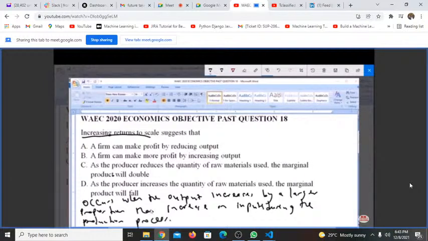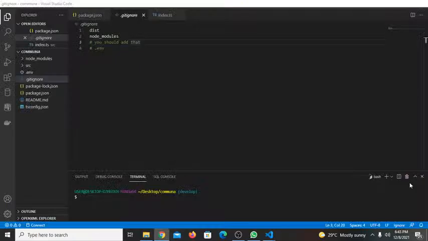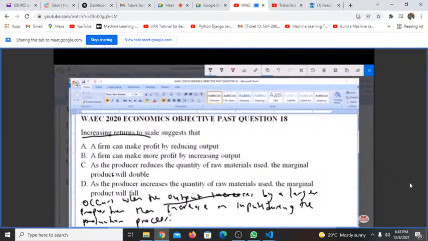Now, this means that the output increases at a much higher rate than all the factors of production involved, all the inputs involved. So the output increases by a larger proportion than the inputs during the process of production.